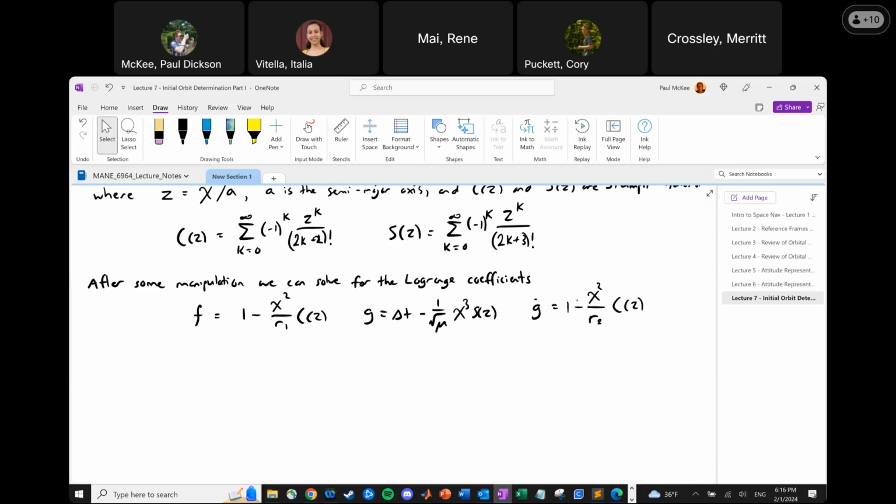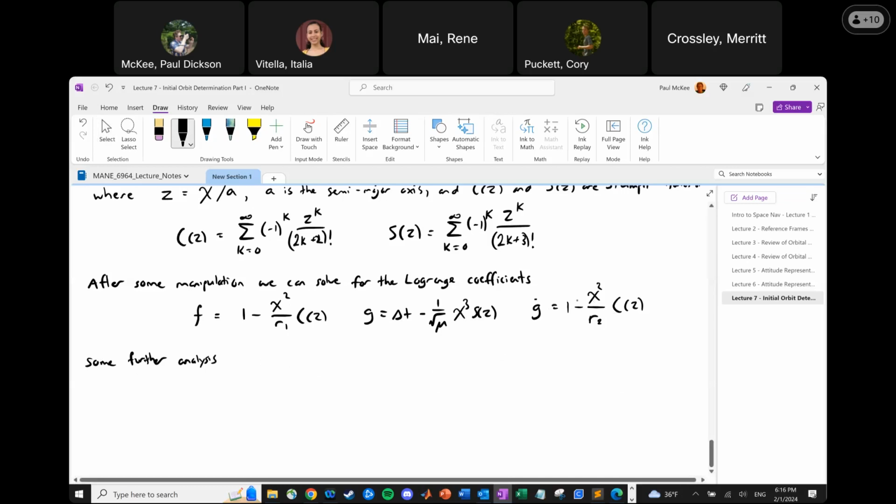Some further analysis will show that chi is itself the square root of some function y of z divided by our stump function c of z, where y of z is equal to r1 plus r2 plus some a, which we have not been introduced to yet, times z s of z minus 1 over square root c of z.